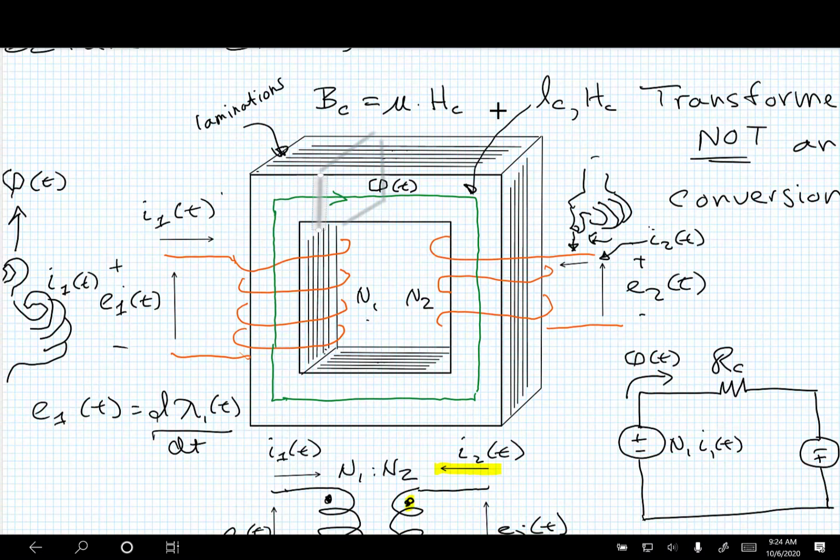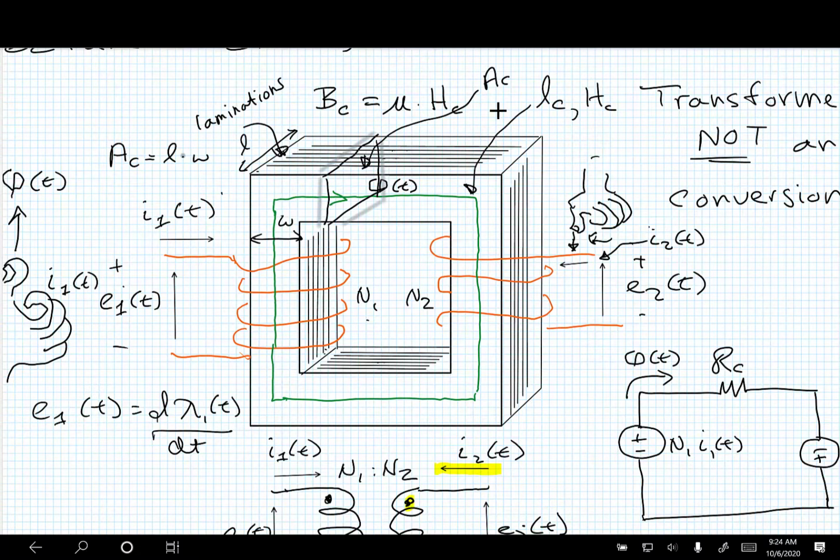That's not quite the proportion here. If I'd have drawn by hand, it'd be a little easier, right? So you've got this core. There's a physical area of that core that I'm going to call area of the core. You could say that it consists of the length of the core, and then this is a width here in this direction. So the physical area of the core is length times width.